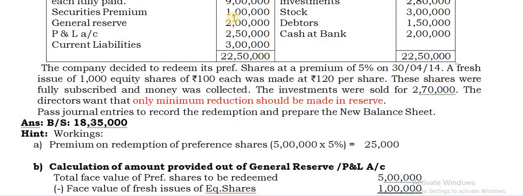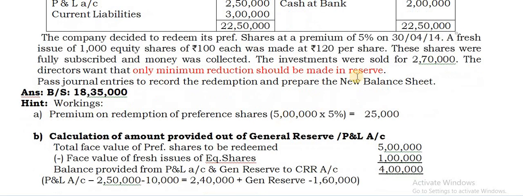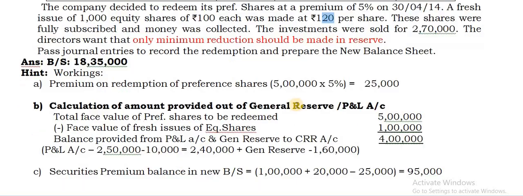It is 1 lakh, the amount given here. To that, you add the fresh securities premium on the issue of fresh equity shares. Say a 100 rupees share is being issued at 120. So what is the premium? 20 rupees per share. So 1000 shares into 20 gives you 20,000.